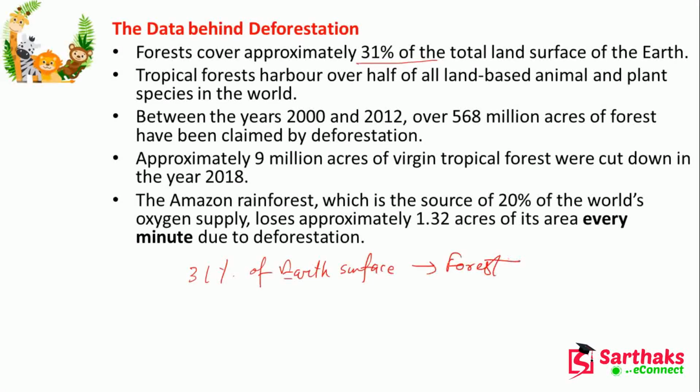Tropical forests harbor over half of the land-based animal and plant species in the world. Between 2000 and 2012, over 568 million acres of forest were claimed by deforestation. Can you imagine this many acres of land?